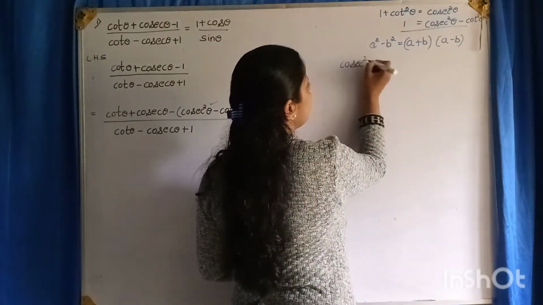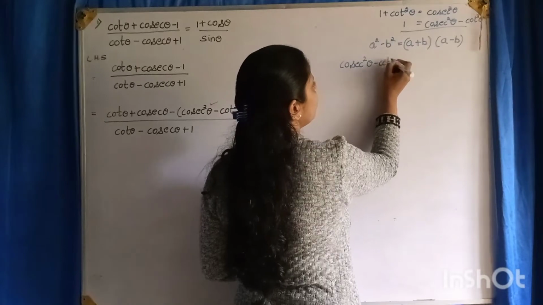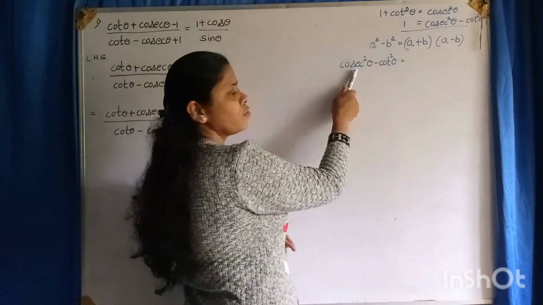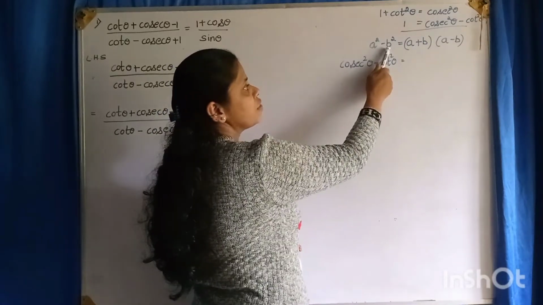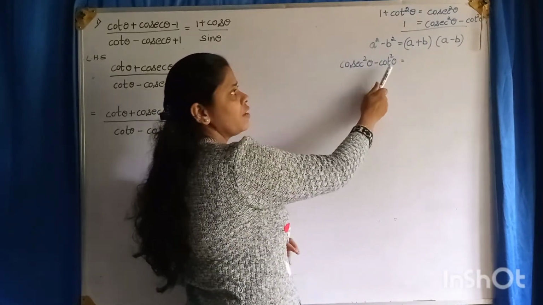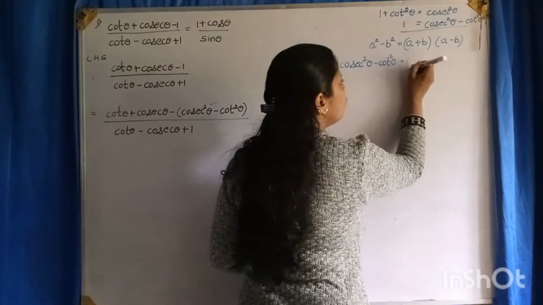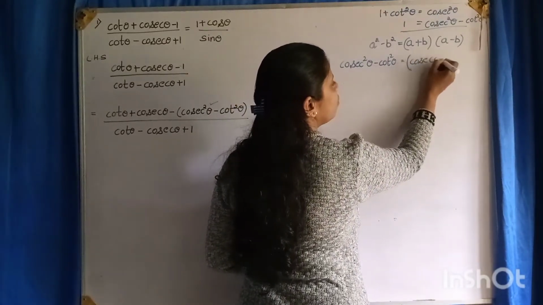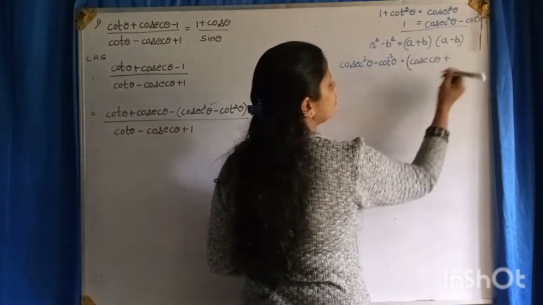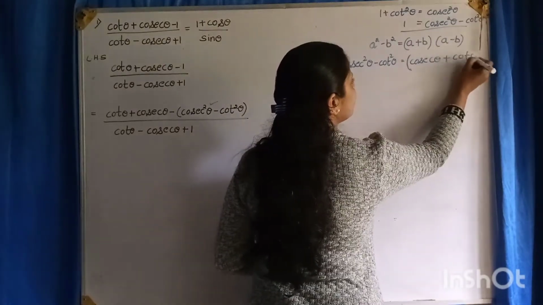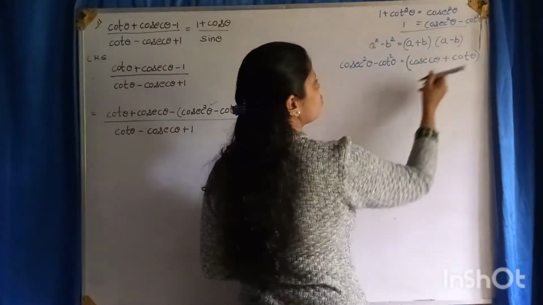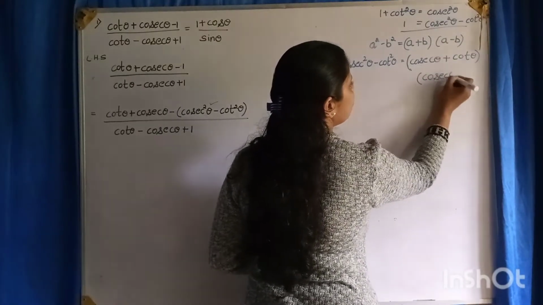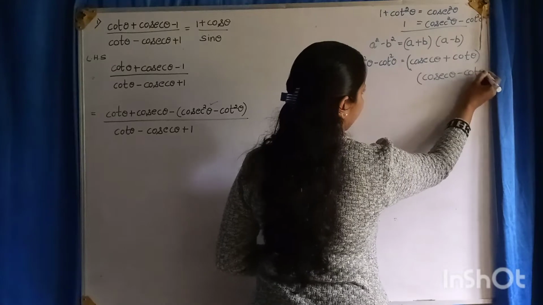In the place of a square we have cosecant square theta and in the place of b square we have cot square theta. So a means cosecant theta, b means cot theta. That is cosecant theta plus cot theta, a minus b, that is cosecant theta minus cot theta.